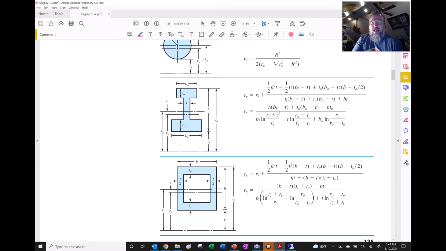But if you look at the pattern of what's going on, like Ti, Bi minus T, To, Bo minus T, and then H times T, right? These are all really the areas of what this top part is.